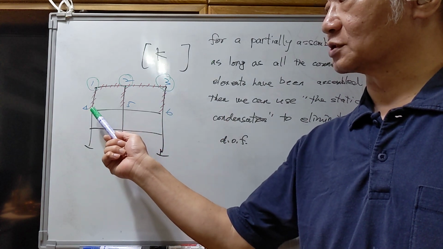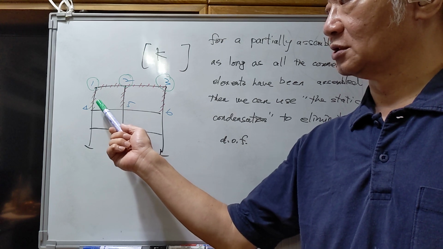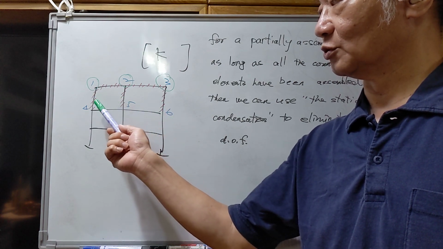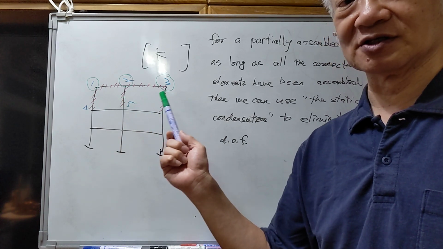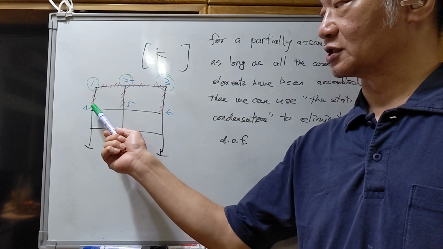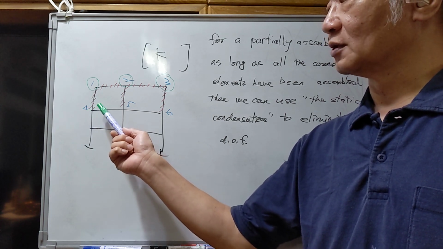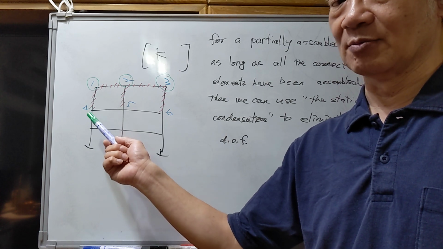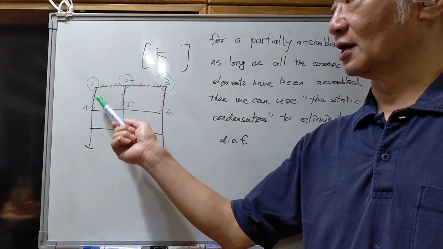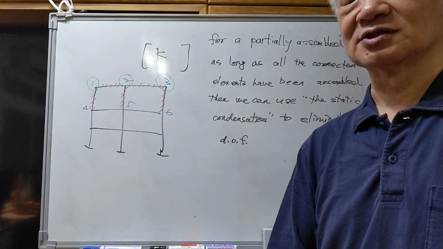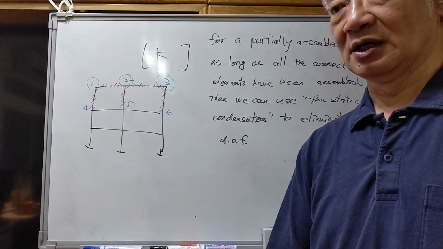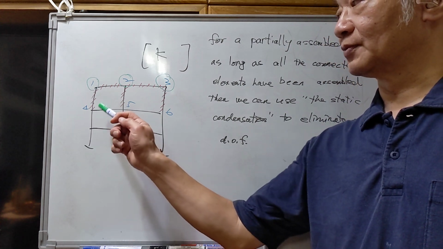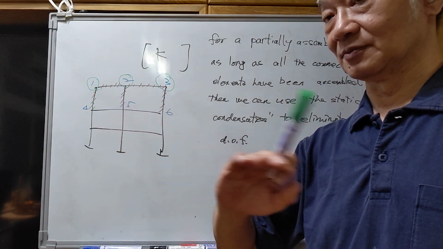But we cannot use the static condensation to eliminate the degrees of freedom related to nodes 4, 5, and 6. For example, for node 4, there are 3 elements connected to it, but we assembled only one of these, so it is not complete.